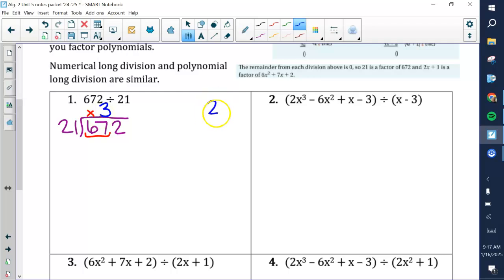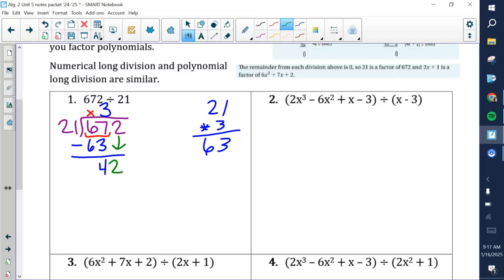And then I am taking 21 times 3. And then I am subtracting 67 minus 63 is 4. And then I bring down my next digit.